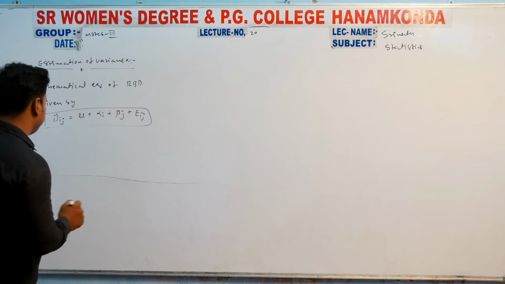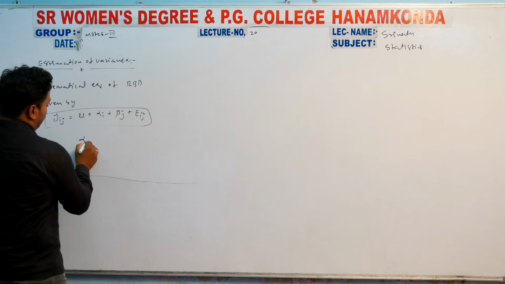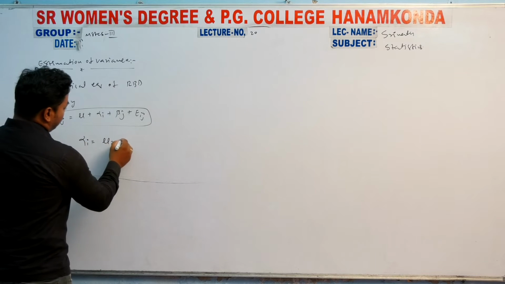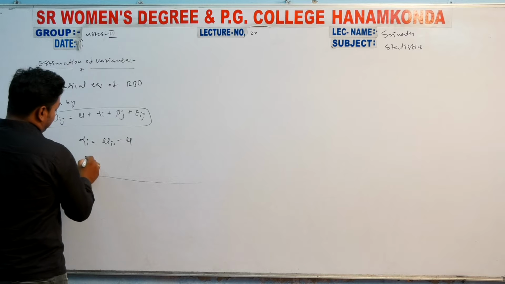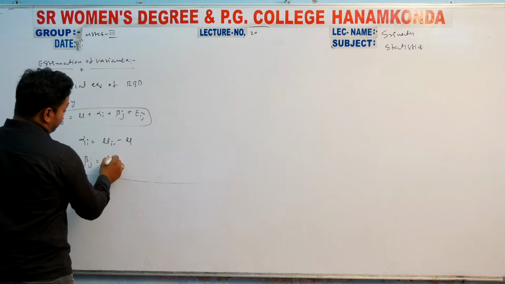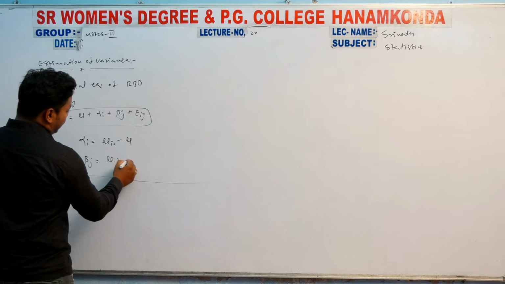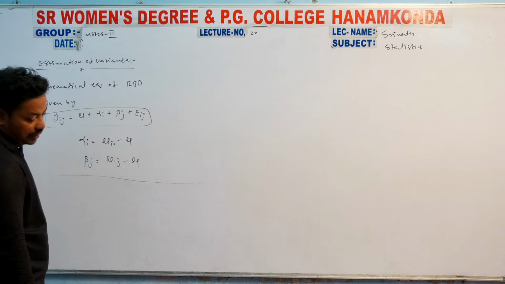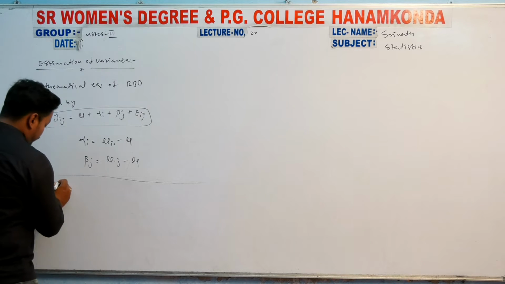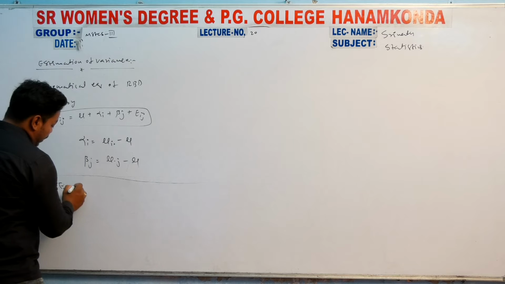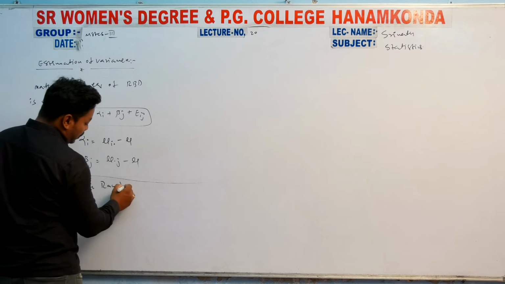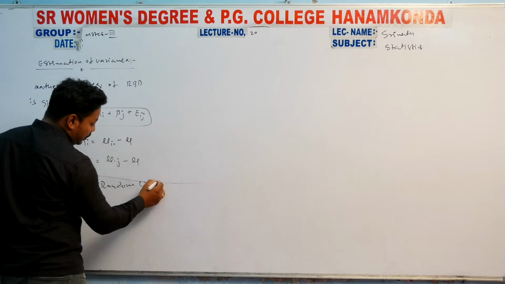Here alpha i equal to mu i dot minus mu, beta j equal to mu dot j minus mu, and Eij is the random error.